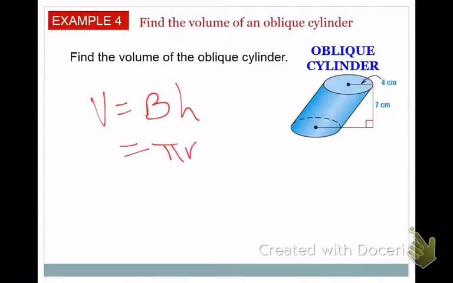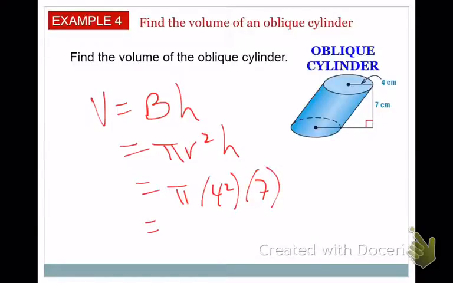Area of the base is pi r squared, and then the height of the cylinder is 7. So this is going to be 16 times 7, which is going to be 112 pi. And again, I'll leave it in terms of pi. You can always multiply it out to find the decimal answer if you'd like.